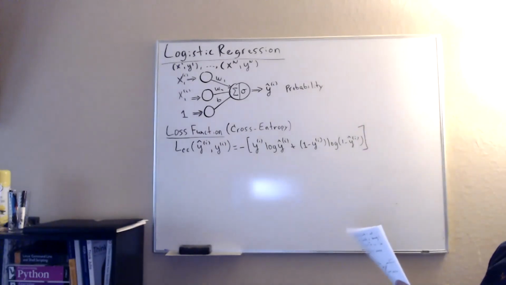Okay, and y hat is simply the sigmoid function applied to the linear combination.